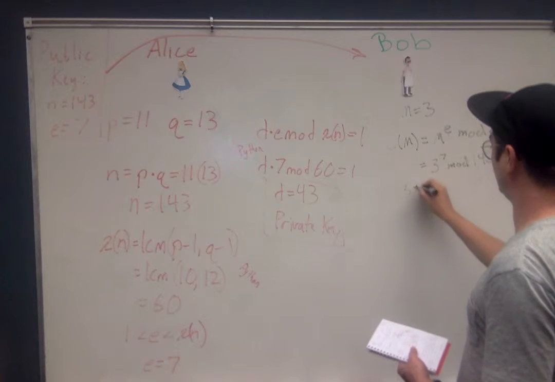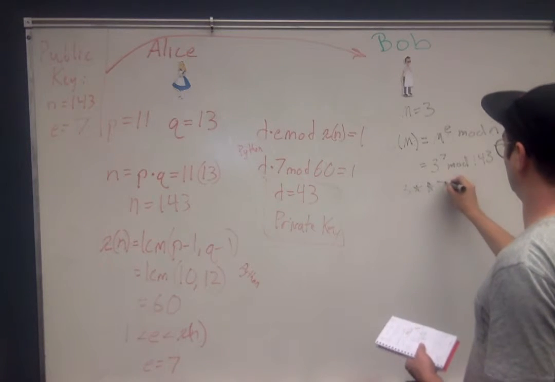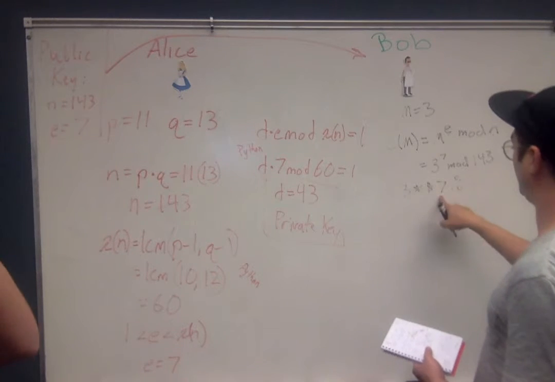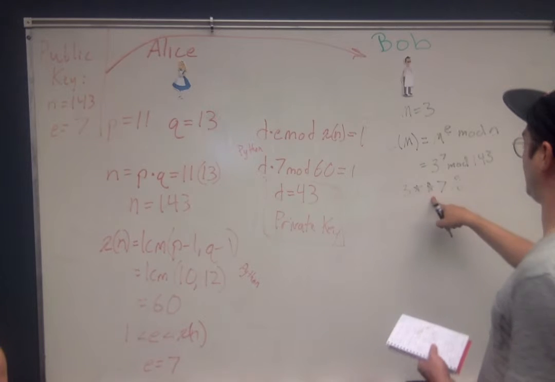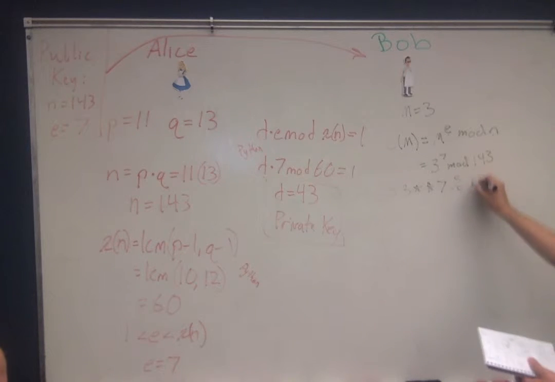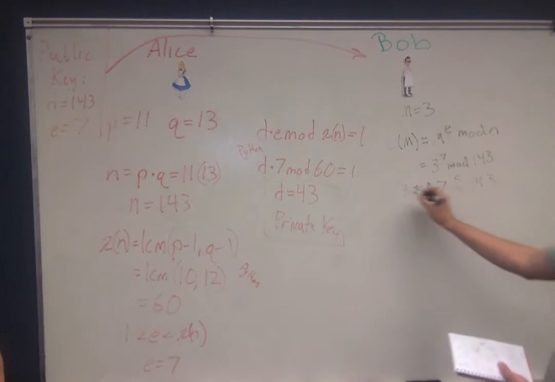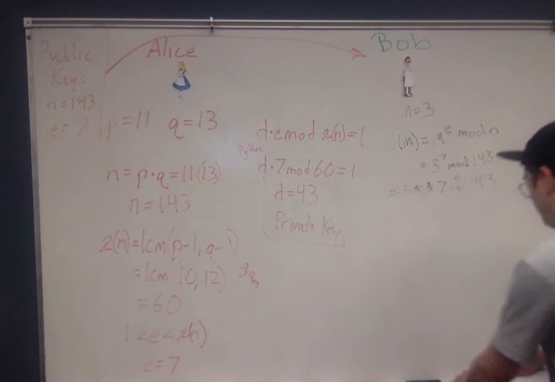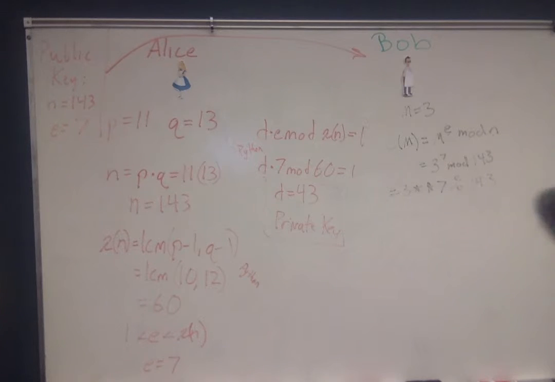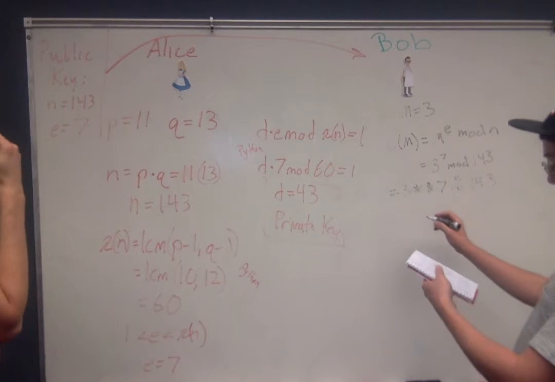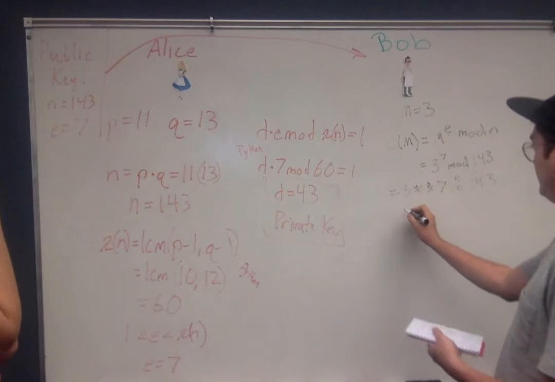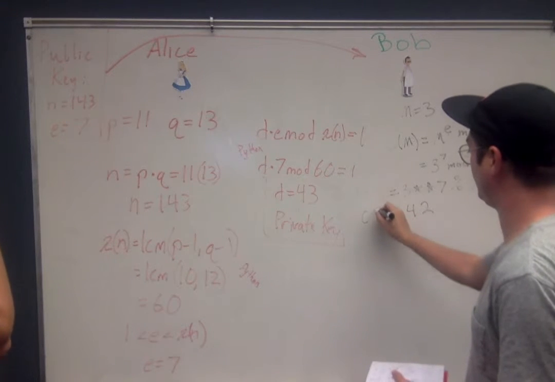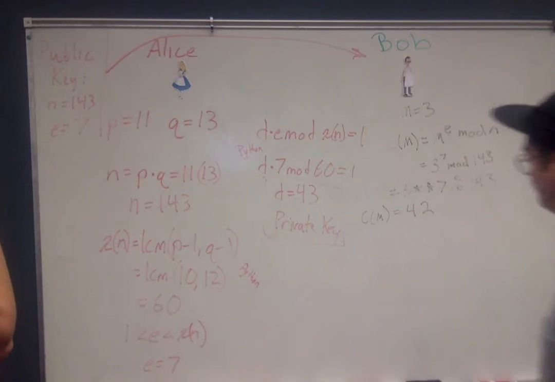Just make sure that to do 3 to the 7th power, you do 3 asterisk asterisk 7. When you do all this, you end up with the number 42. So now we have our encrypted message.